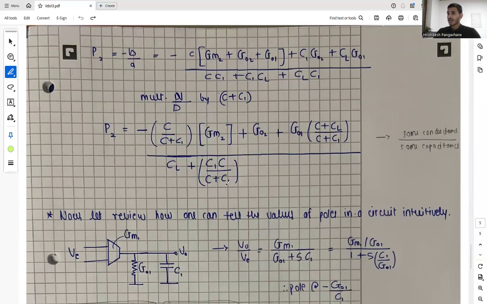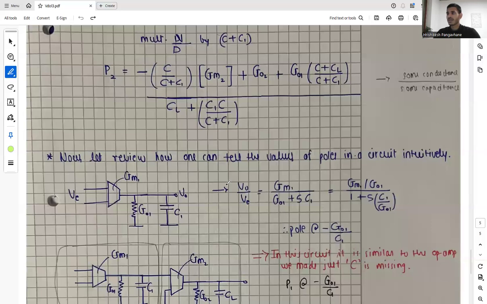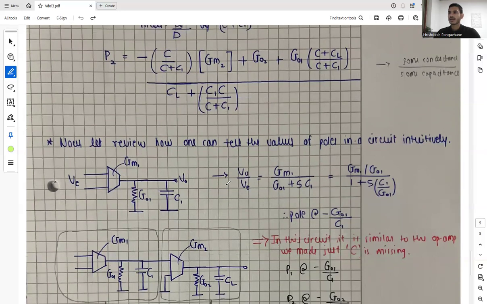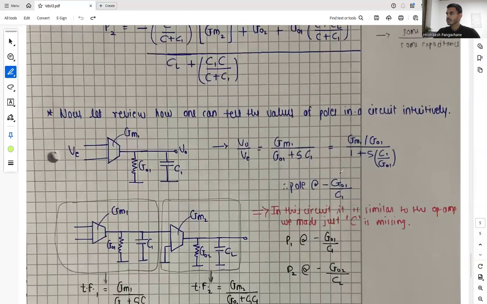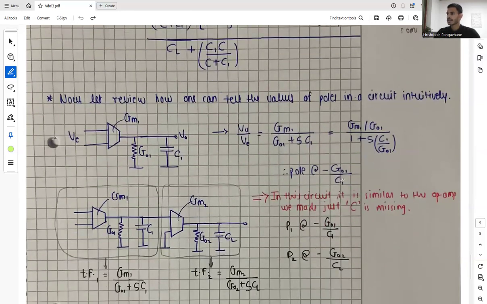Now we have to review how one can tell the values of the poles in a circuit intuitively, because we have to develop our intuition as well. In this circuit, we can easily say that our transfer function is gm1 upon go1 plus sc1, so we get our pole at minus go1 by c1.